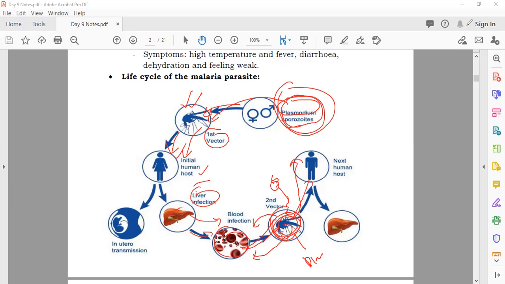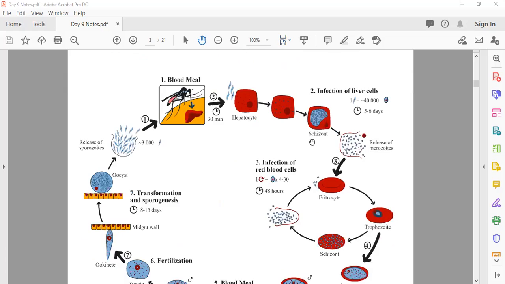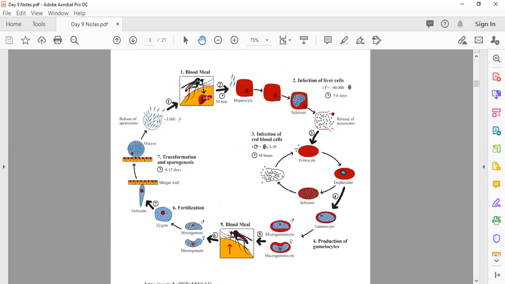Okay, we'll see another diagram for this. For example, this one. Again they're saying that this is the blood meal, and this is the plasmodium. Here the plasmodium goes to the mosquito, then it goes to the human.